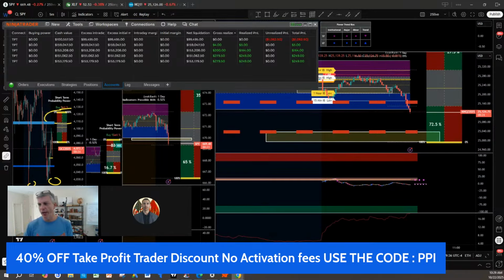I'm telling you guys, if they don't hold that 69.50, we are going all the way to 66.50 and all the way to the 25,975. That could open the gate.